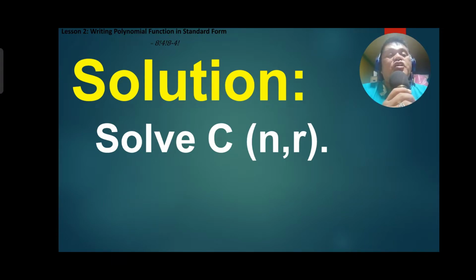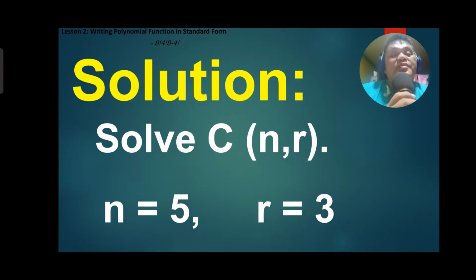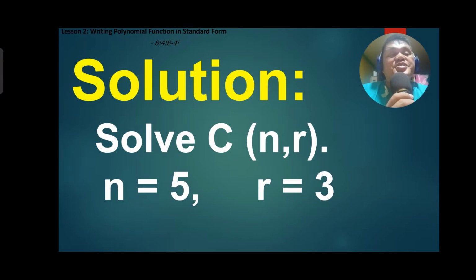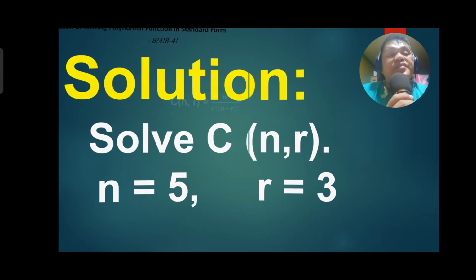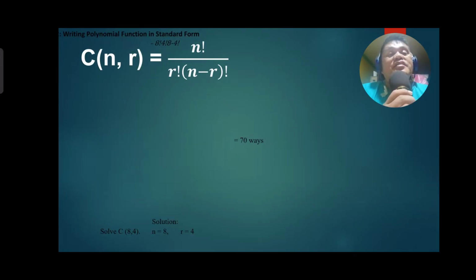Solution. Solve the combination of n girls taken a trio at a time. So we have n equal to 5 and r equal to 3. We have the formula: the combination of 5 girls taken 3 at a time is equal to n factorial over r factorial times n minus r factorial.